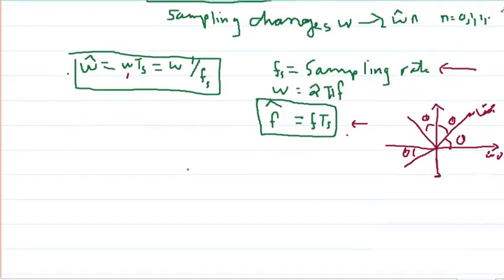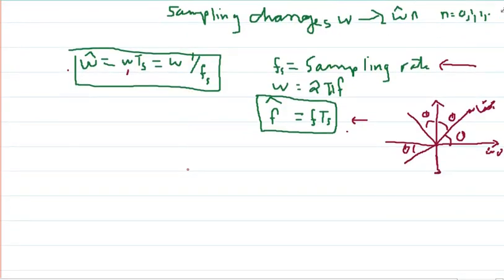Now we have to consider an example quickly, as in the text. If we have an analog signal, here we have n equals 0, and n equals 1, and n equals 2.